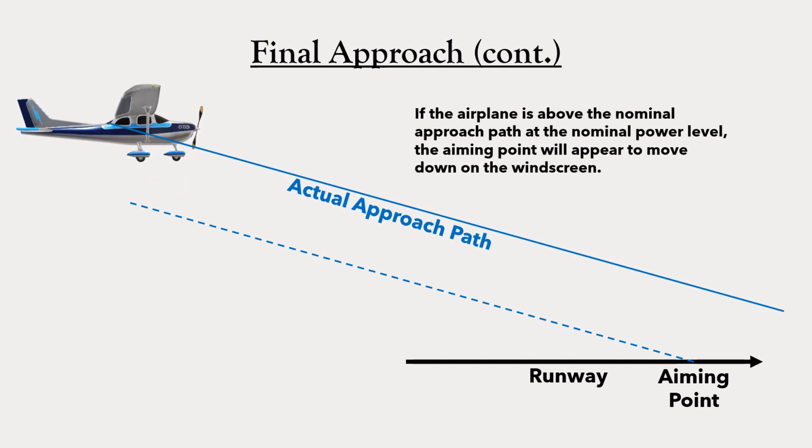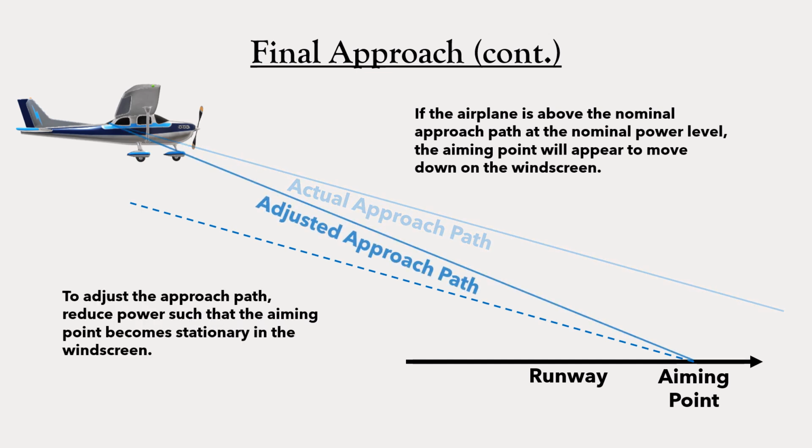Now let's consider a situation where you're too high on approach. In this situation, if you're at the nominal power level and you're descending at the nominal angle, you would overfly your aiming point. You'll observe this by noticing that that aiming point is moving down the windscreen.